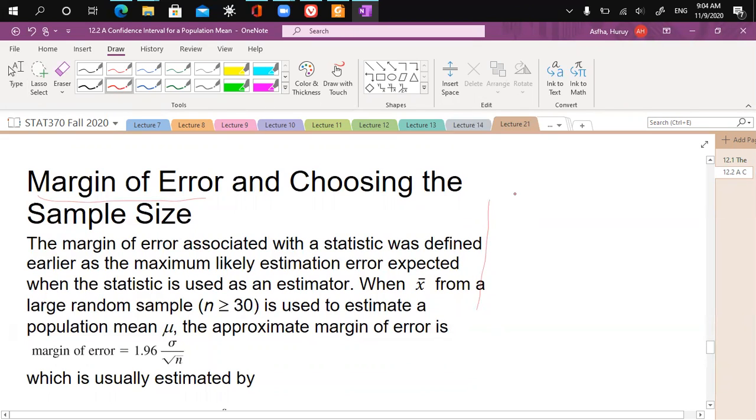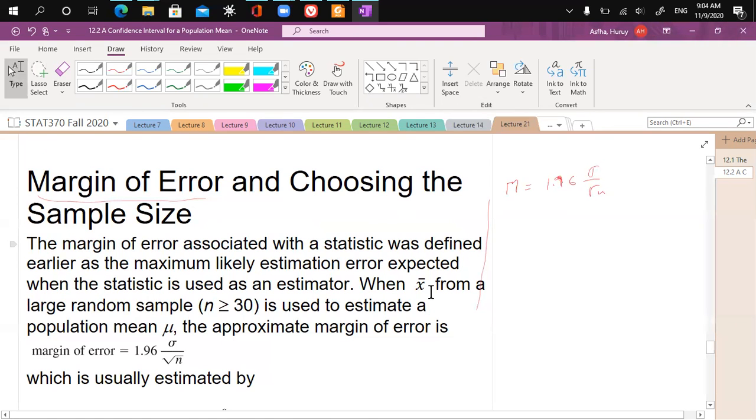We don't want too big a margin of error, in order to be more precise. The margin of error was given previously by 1.96 sigma over root n for a 95% confidence interval, when we used the z critical value.